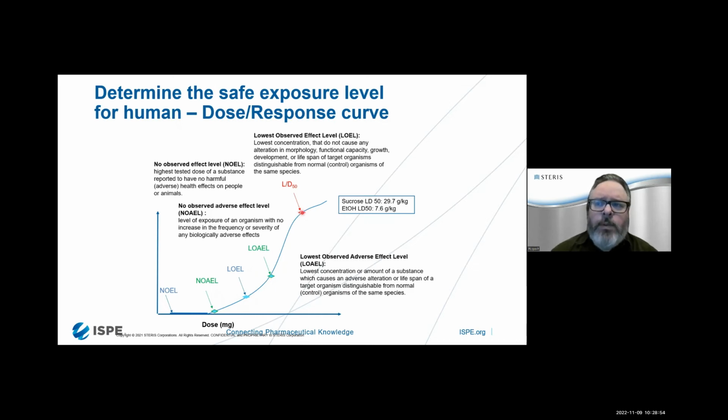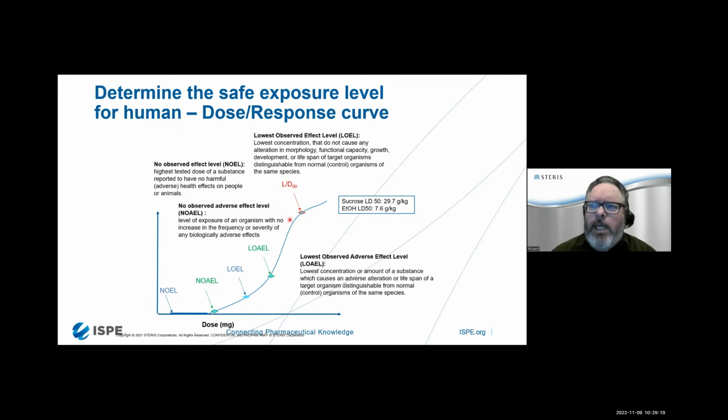And then you get to an LD50, which is a dose that results in death of 50% of the population. When you go into the European Aide Memoire, it indicates do not use LD50 values to set health-based exposure limits.